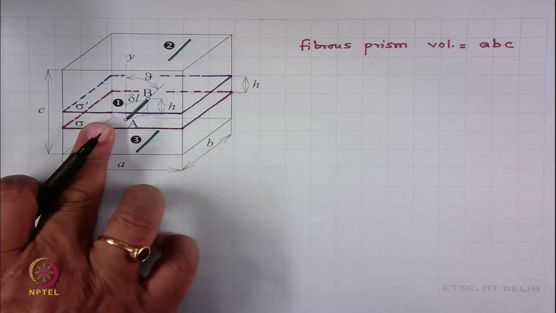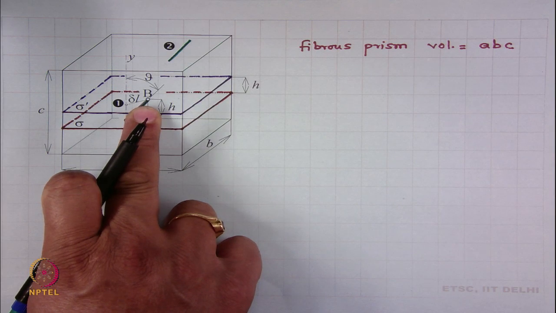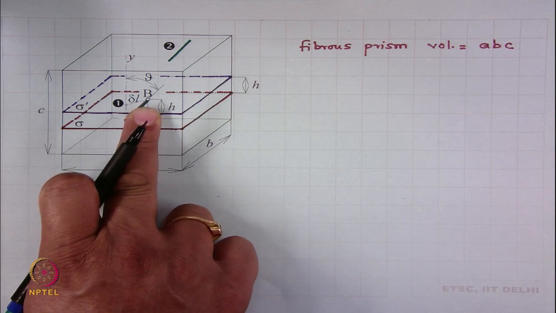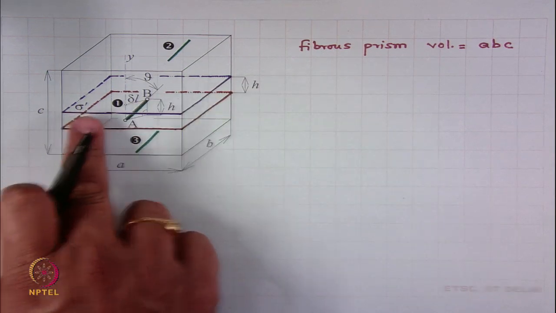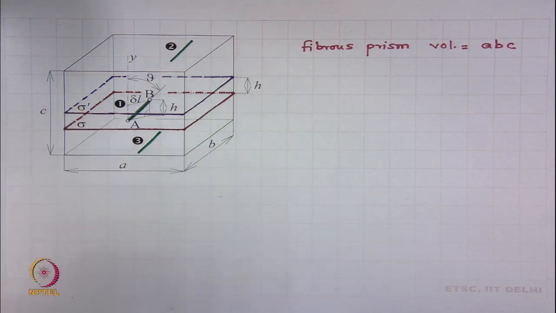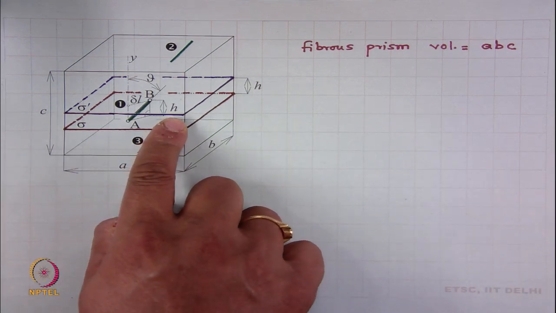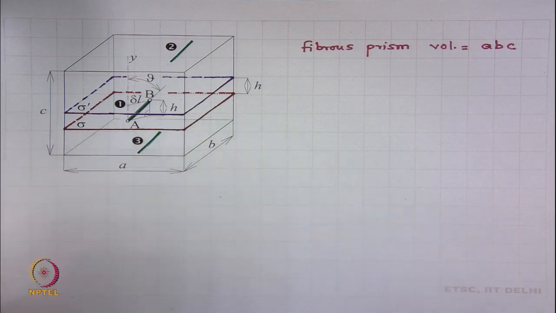What is the upper end of this fiber segment 1? That is point B. So, the point B is touching the sectional plane named sigma prime. What is the distance between these two ends? The distance between these two ends A and B is h, right.